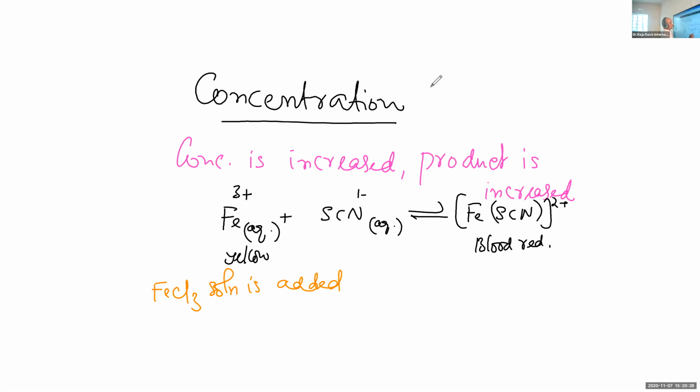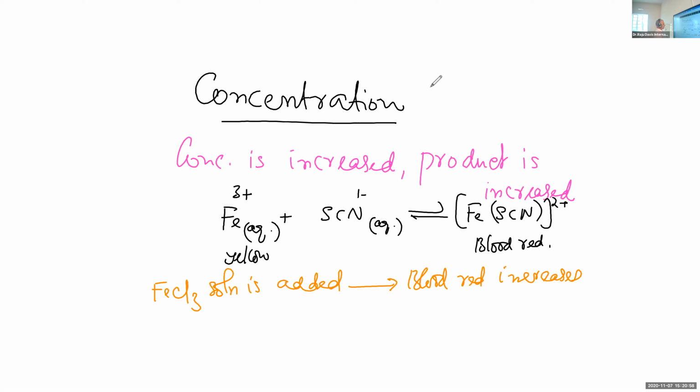We can see that the intensity of the blood red coloration increases. Why? Because more and more of the FeSCN+2 complex is formed. The intensity is increased because more ferric thiocyanate complex is formed.